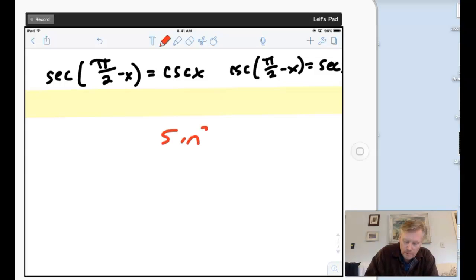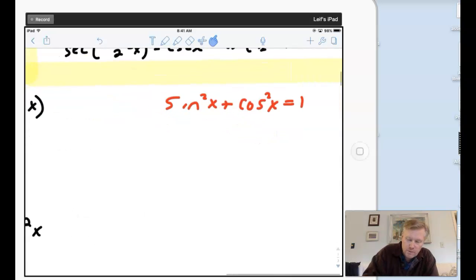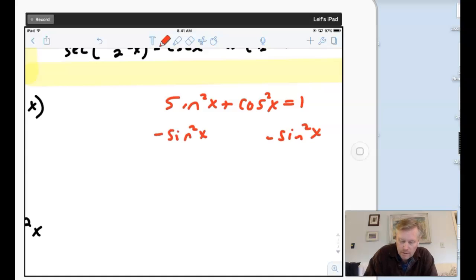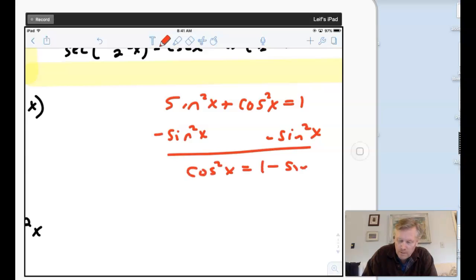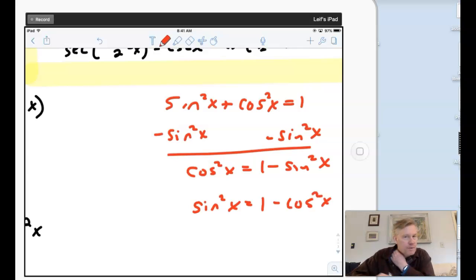If I took this equation and I subtracted sine squared from both sides, what I would get is cosine squared of x equals 1 minus sine squared of x. And maybe I took that same equation and subtracted the cosine squared from both sides, which would give me sine squared of x equals 1 minus cosine squared of x. So that one equation's actually got 2 others built into it, so there's actually like 3 of them there.